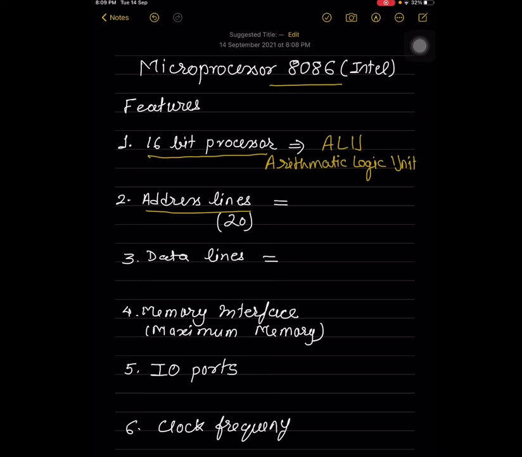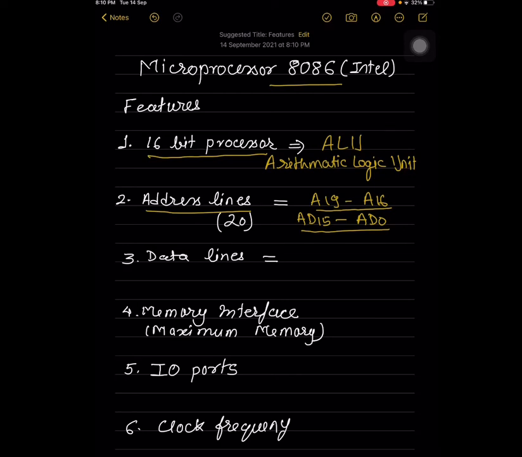The number of address lines available in microprocessor 8086 is 20, represented as A19 to A16 and AD15 to AD0. A19 to A16 are the address lines which are merged with the status lines. On the other hand, AD15 to AD0 are the address lines which are multiplexed with the data lines as well.